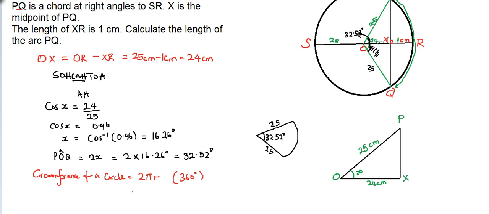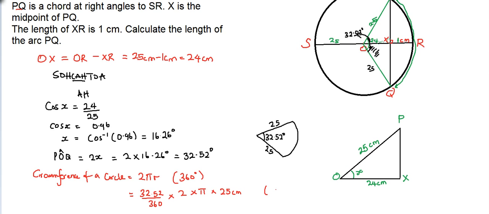But we don't have 360. We have a fraction of 360. So we have 32.5 as a fraction of 360 times 2 times pi times radius, which is 25 centimeters.